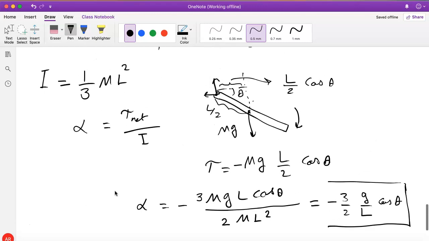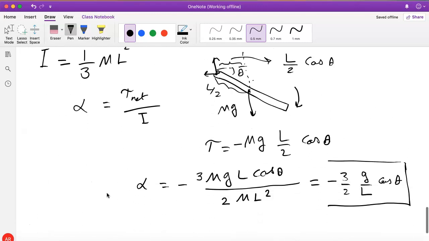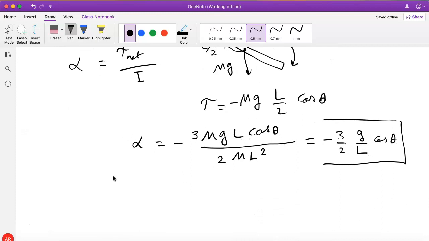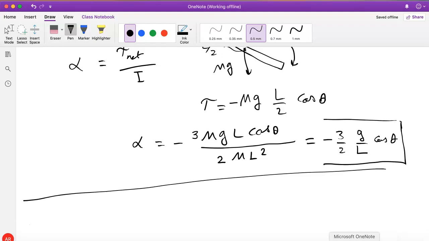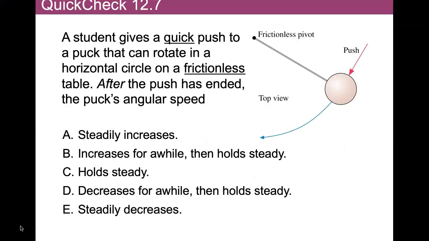Okay, so that was one example, combining these things to find the angular acceleration. Let's do one more example. This is a quick question for you. Again, pause the video, try to find the correct answer.